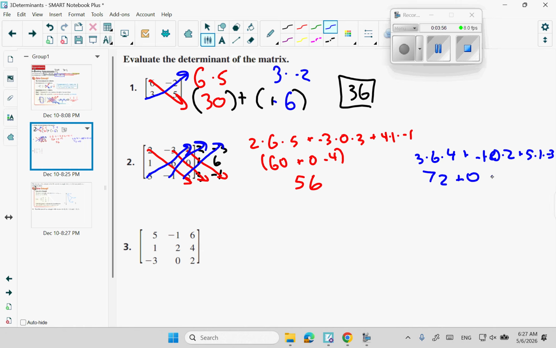Plus 0 minus 50, or plus -15, which gives us 57. So we're going to get 56 minus 57, so we would get -1 as our determinant for number 2.